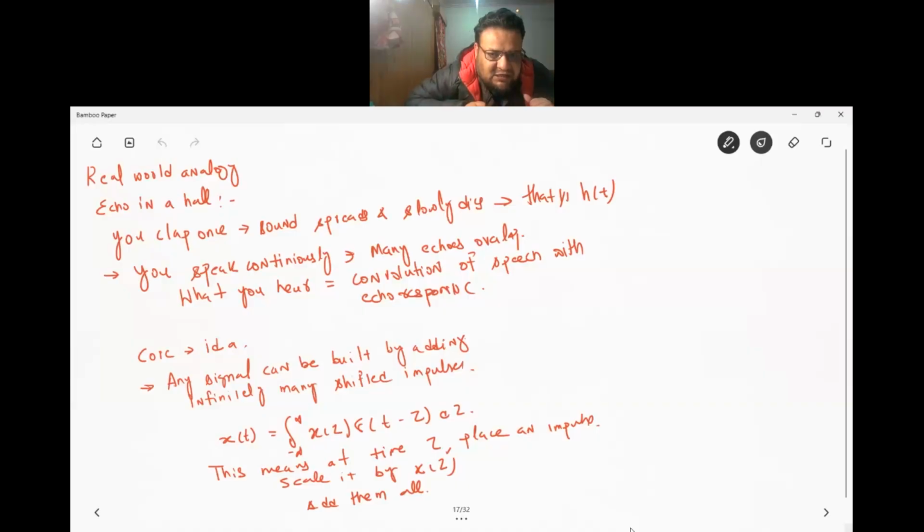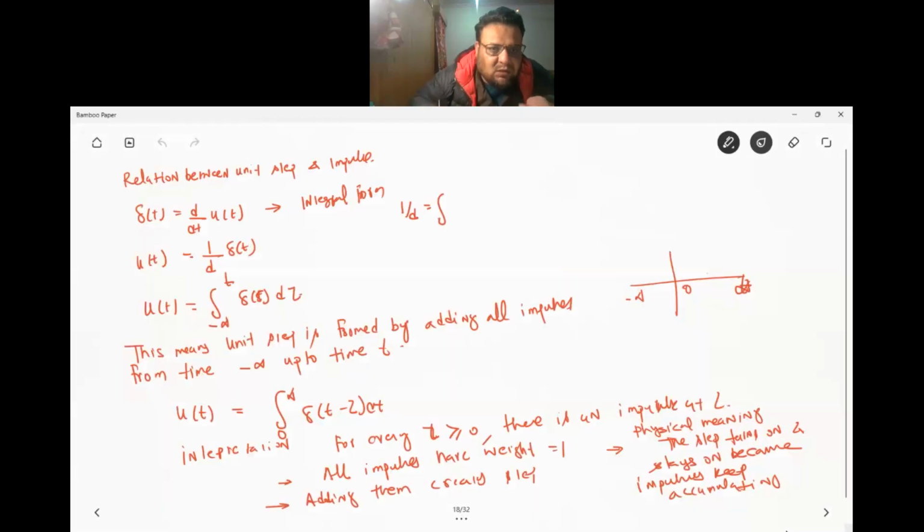Any signal can be built by adding infinitely many shifted impulses. So any signal, be it a ramp or a unit step, you have to shift impulses and build it. Now, the relationship between the unit step and the impulse response: the impulse is the derivative of the unit step. Unit step would be equal to 1 by d, right? If I take this side, 1 by d is given as the integral from the past to the present value of lambda of tau d tau.